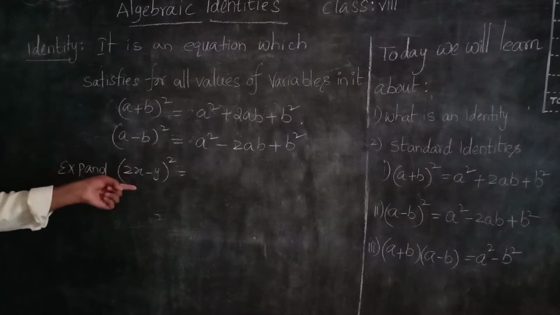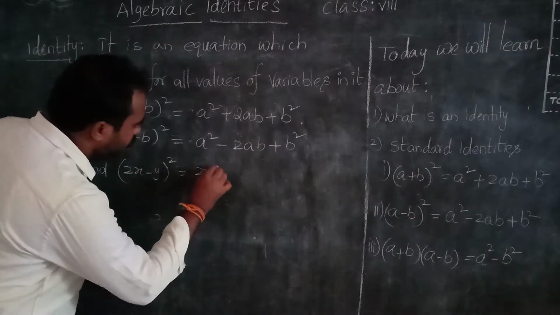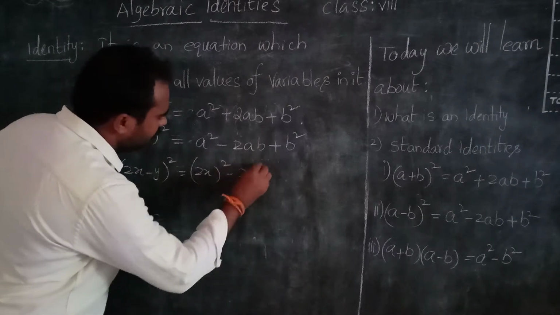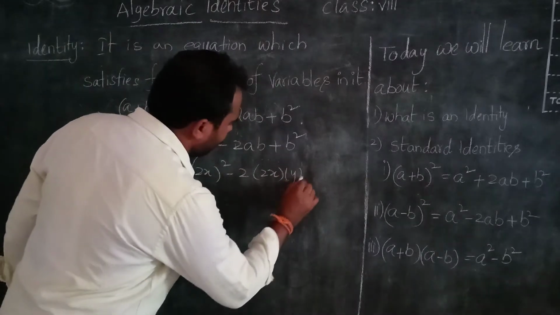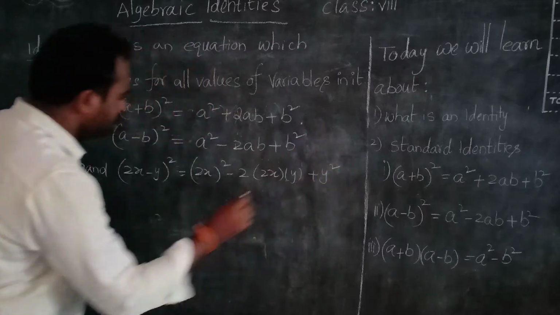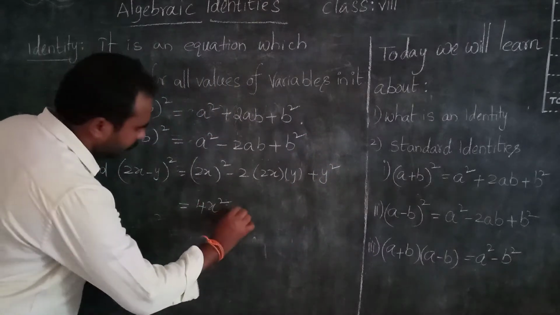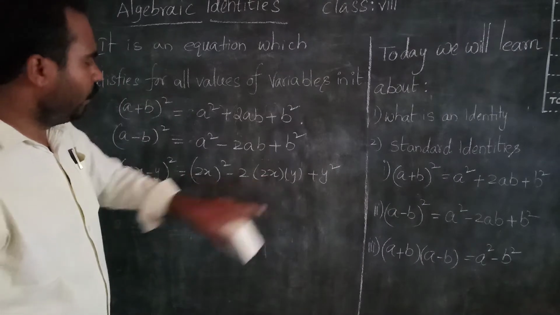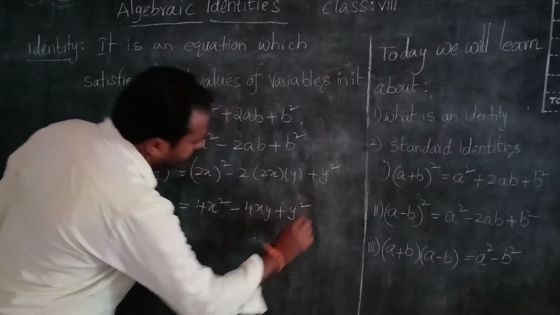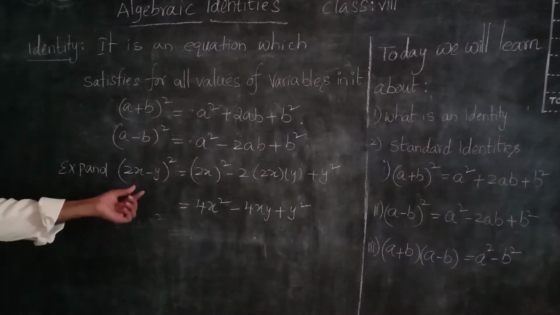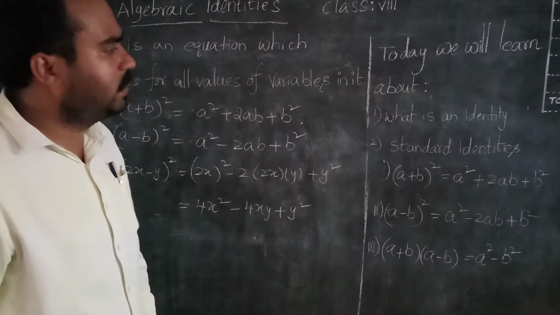So here the a value is 2x, the b value is y. So (2x) whole square minus 2 into 2x into y plus y square, that is equal to 4x square minus 4xy plus y square. So (2x minus y) whole square is equal to 4x square minus 4xy plus y square.